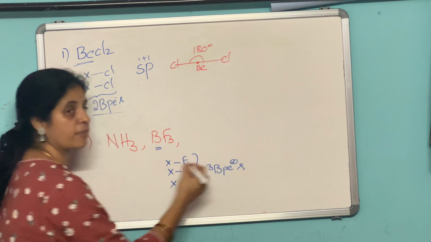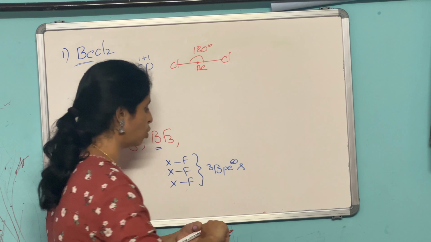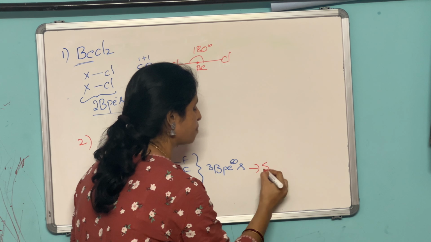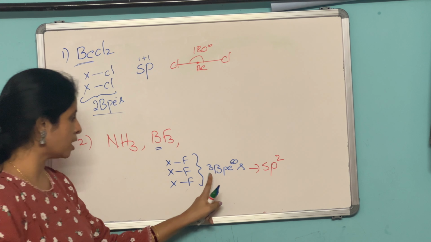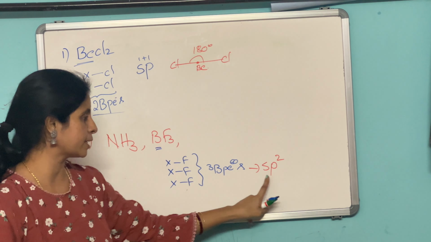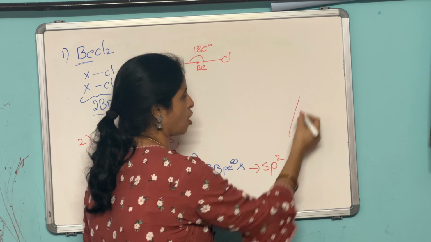3 bond pairs of electrons means what is the type of hybridization? It is sp2 hybridization: 1 s orbital and 2 p orbitals, altogether 3 bond pairs of electrons. If sp2 hybridization, what is the geometry?